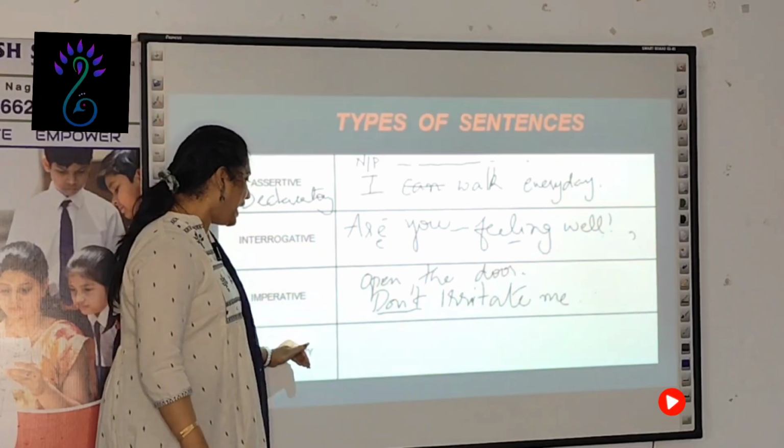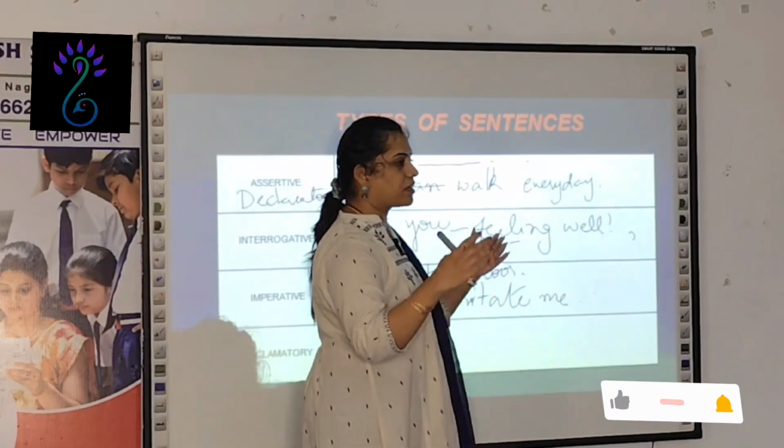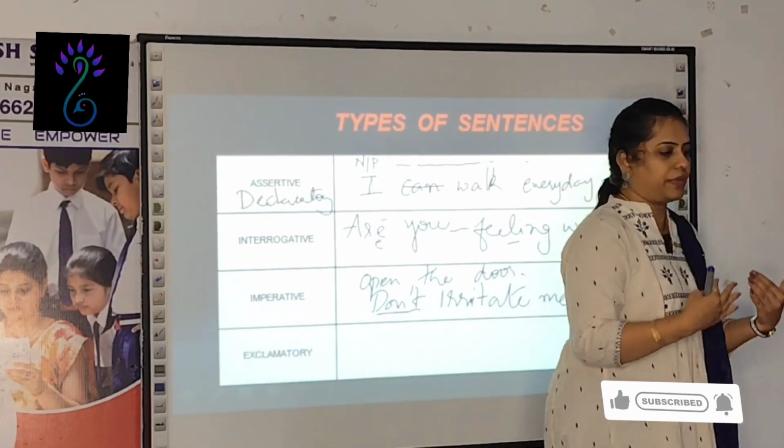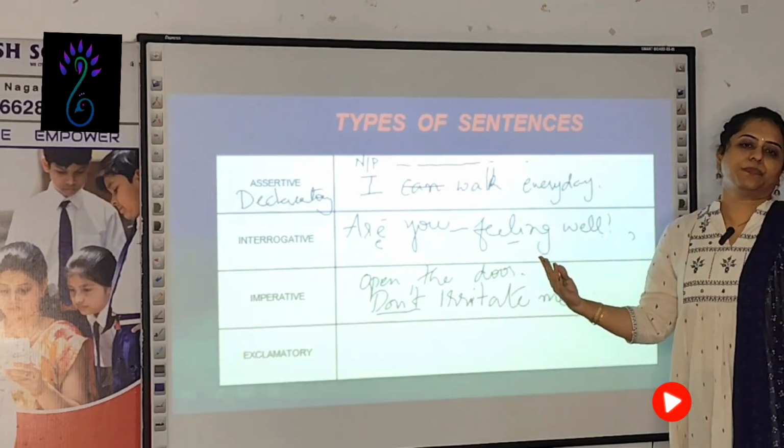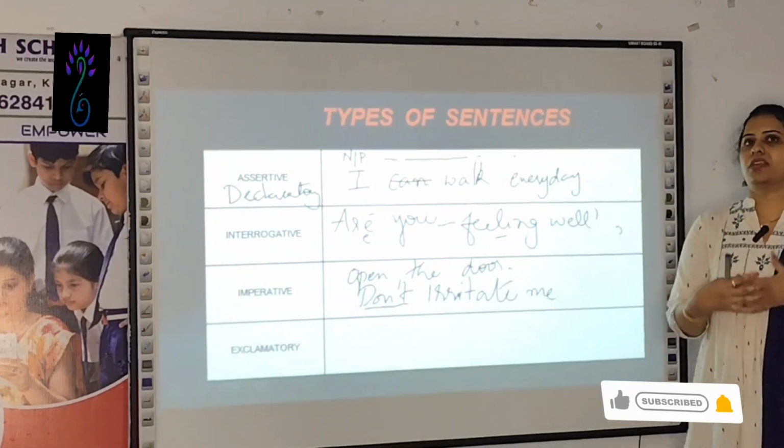Imperative. Exclamatory. Exclamatory is when we exaggerate, ante exaggerate chesi cheptam kada telugulo, meeru nerchukuntaru atishayokti.